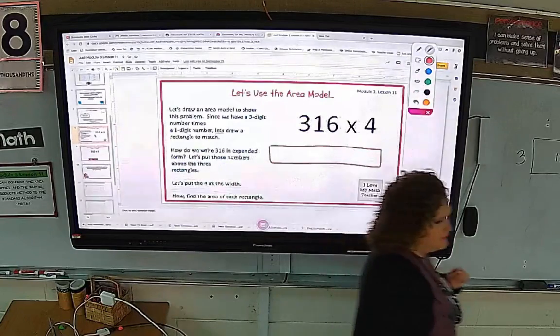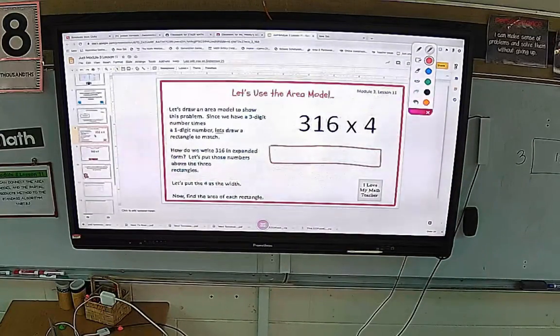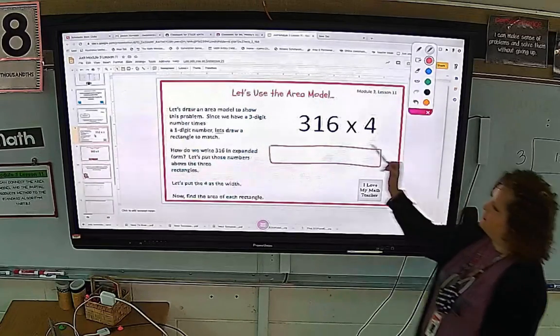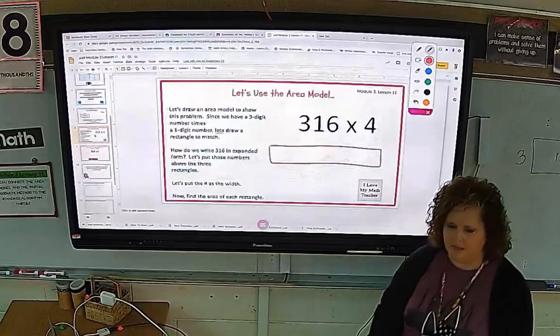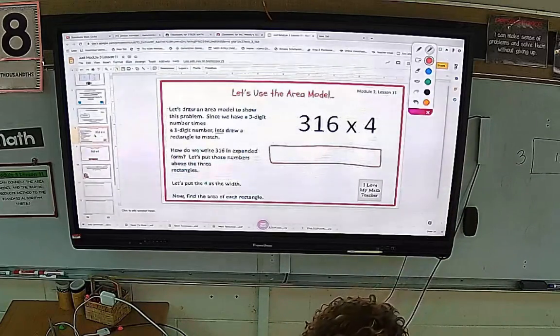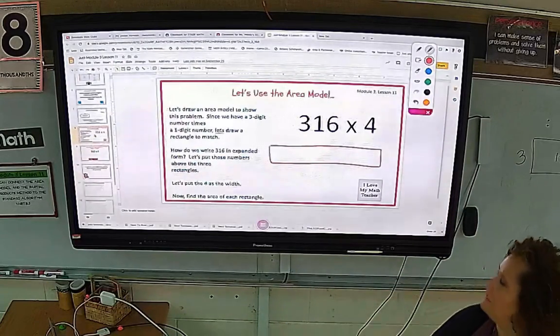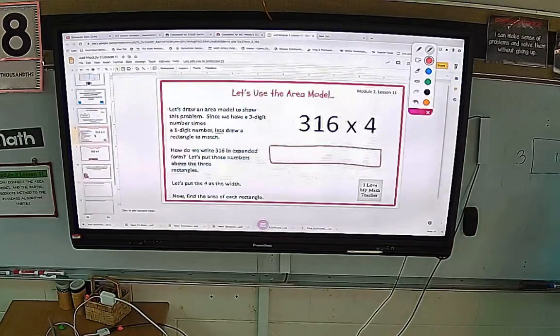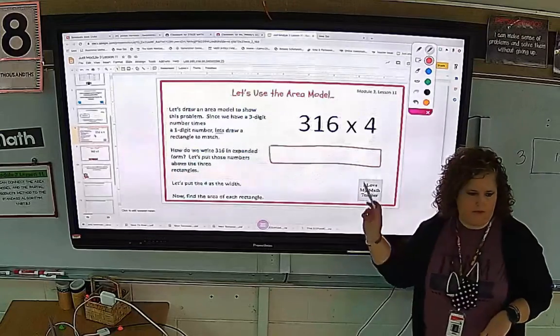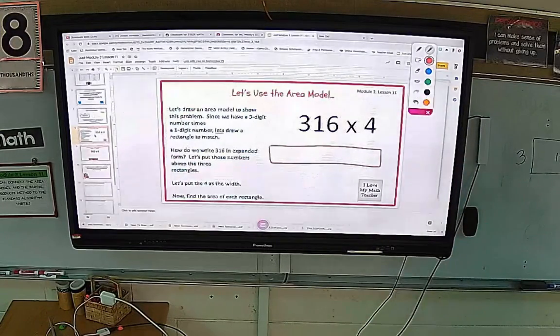Okay, so on your whiteboard, I need you to draw a long, thin rectangle, but you need to have room to write above it. Inside of it, it does not need to be so tiny that you can't draw in it. You're going to have room on the sides as well. You need room all around that rectangle.